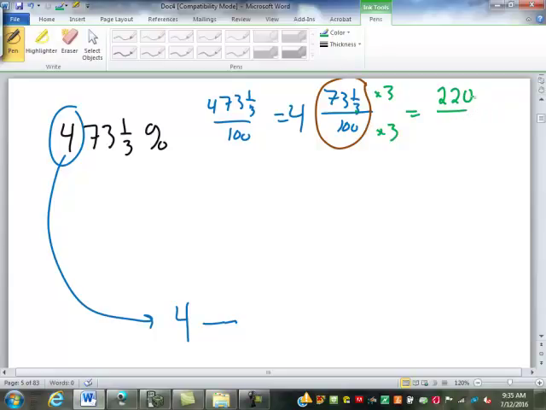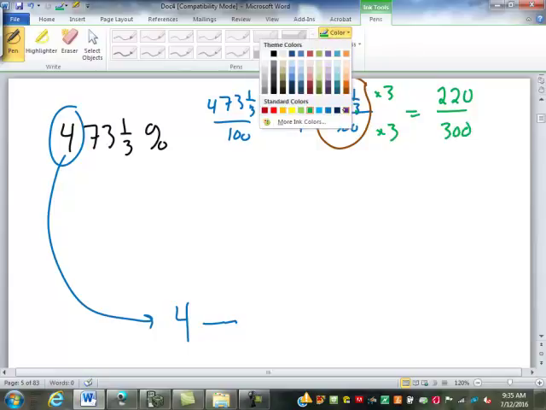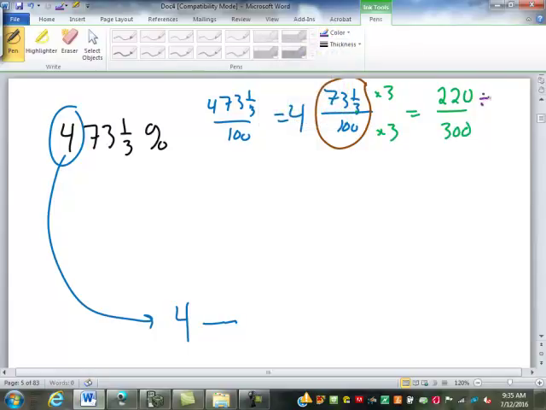You can do 73 times 3 is 219, plus 1 is 220, over 3 times 3 over 1 gives you 220. 100 times 3 is 300. Both of those may be reduced by 20, giving me 11 over 15. So this is 4 and 11/15.